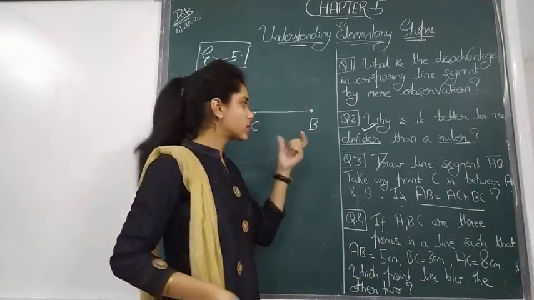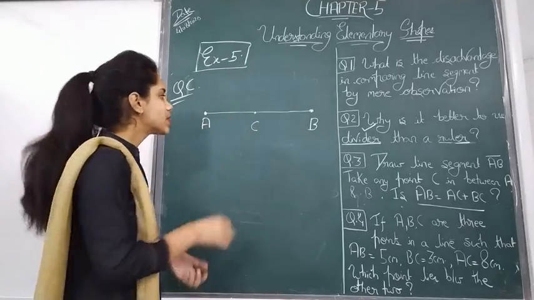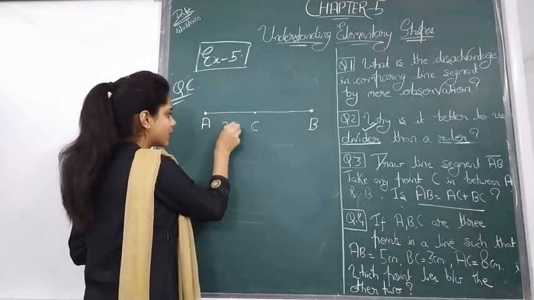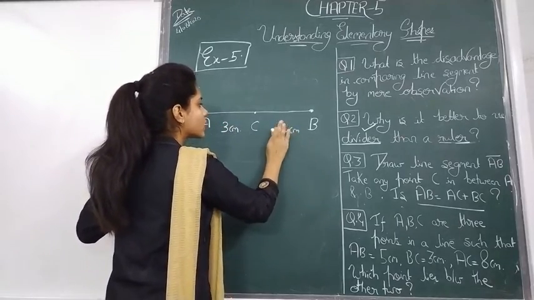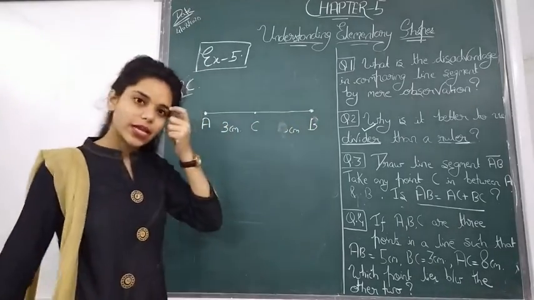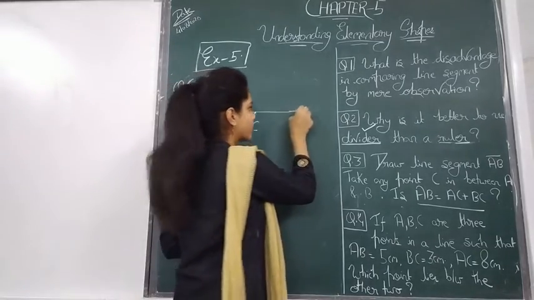It is up to you how much length you want to take. Suppose it is 3 centimeter, and this is 4 centimeter. It is up to you, whatever length you want you can take.